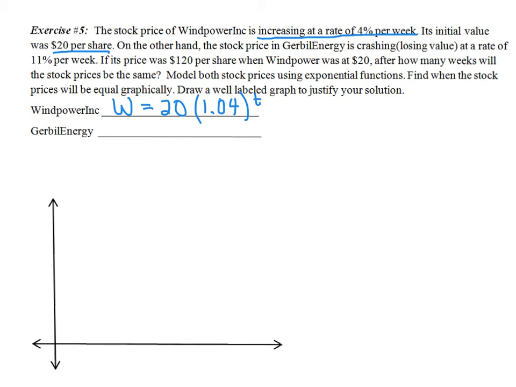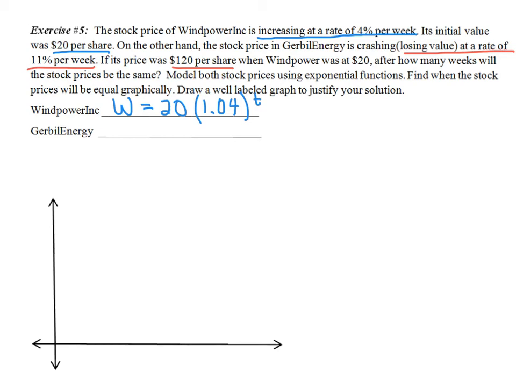For the second equation, this time it's called Gerbil Energy, and it's crashing. It's losing value at a rate of 11% per week. If its initial value is $120 per share, then we want to know how many weeks will it take for the two stock prices to be the same.